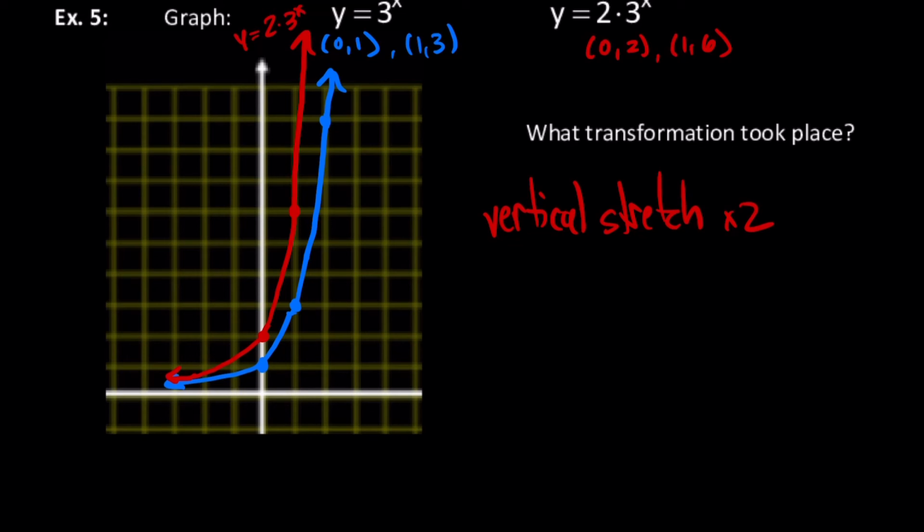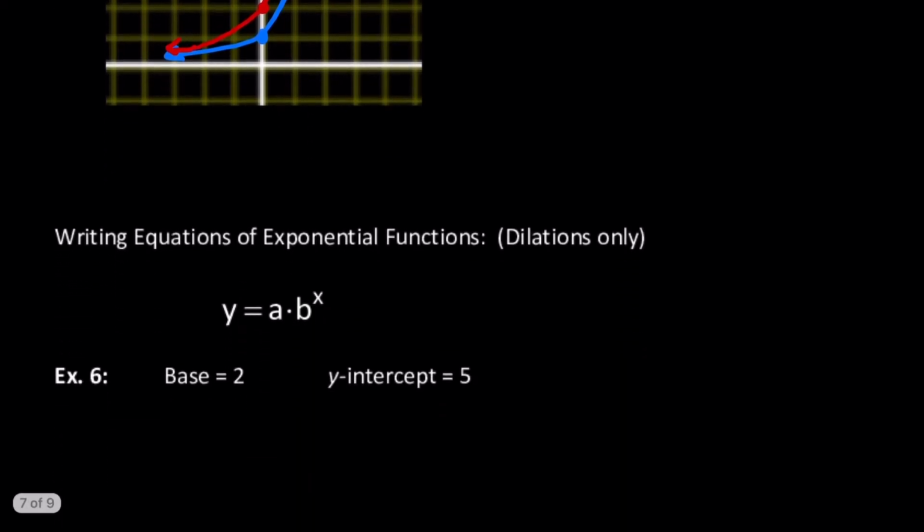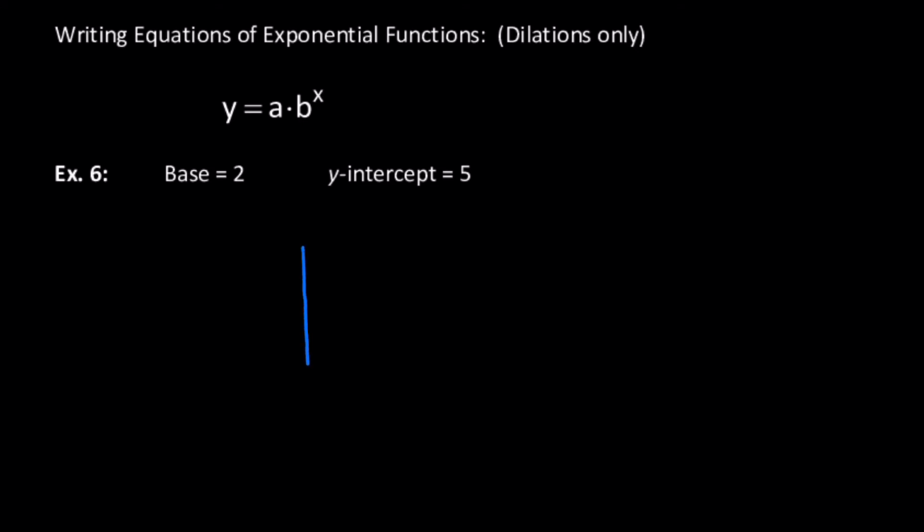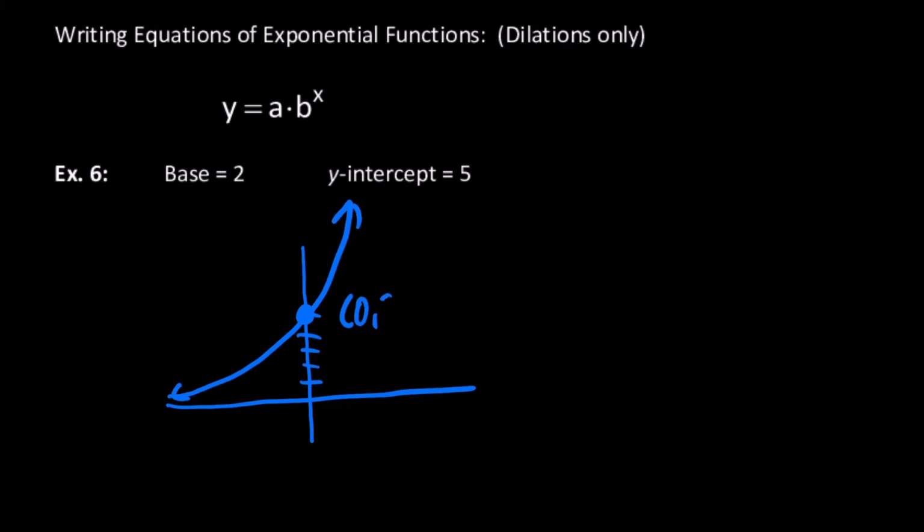Now, there's a real easy way we can apply this to our sketches, writing the equations of exponential functions. Y equals a times b to the x. So in this particular graph, if my base is 2 and my y-intercept is 5, look at what happens. 1, 2, 3, 4, 5 has to go through that point. That is the point 0, 5.